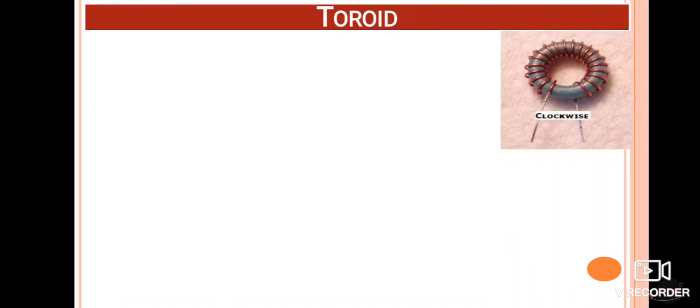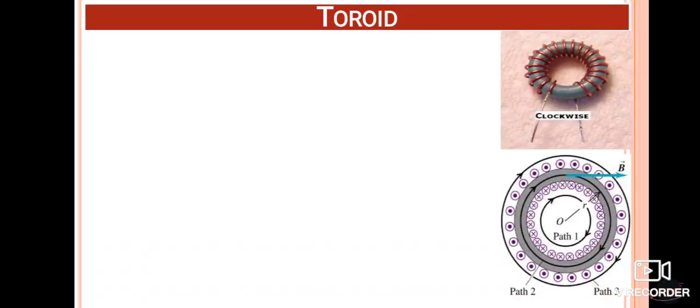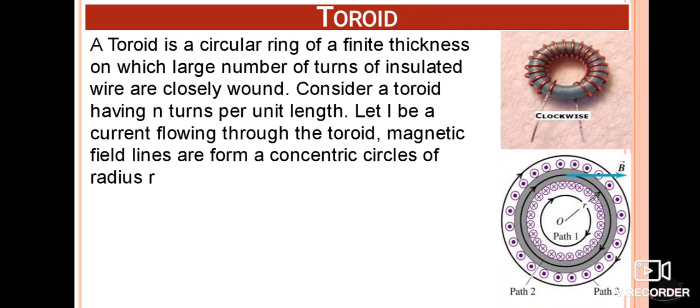Next, we are going to discuss the toroid. Just observe both the diagrams of the toroid here. A toroid is nothing but a circular ring of finite thickness on which a large number of turns of insulated wire are closely wound.